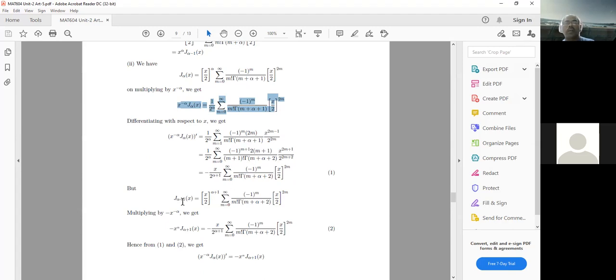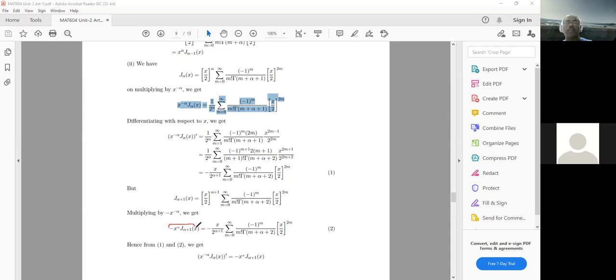You will get J alpha, and this is the derivative. But what is J alpha plus 1? This is nothing but this function, and after multiplying by minus x to the power minus alpha, you will see that these two values in equation 1 and equation 2 are the same.